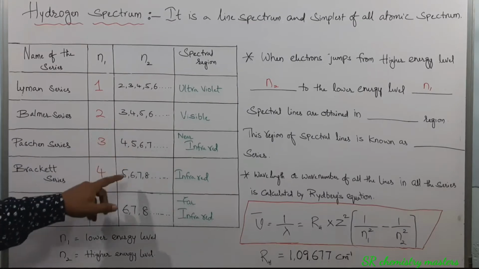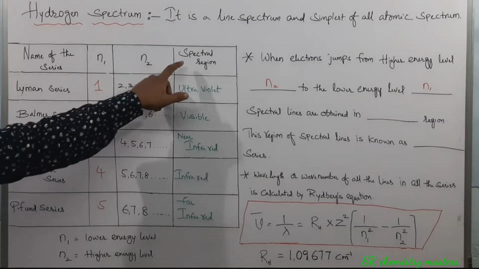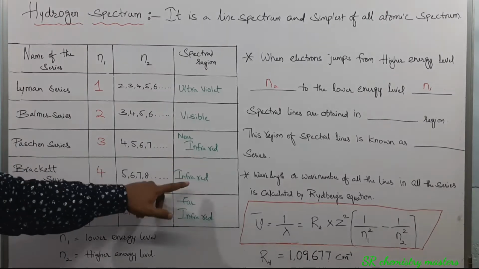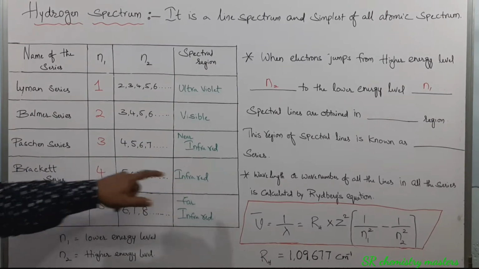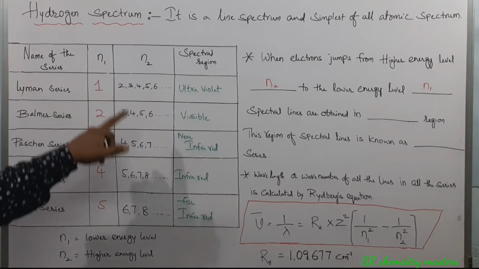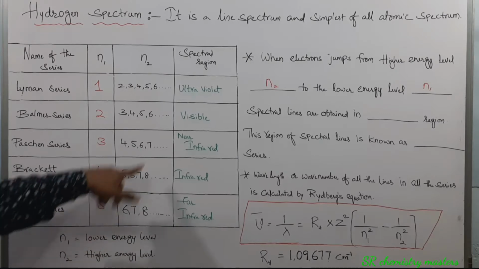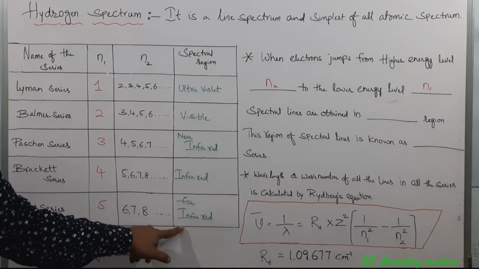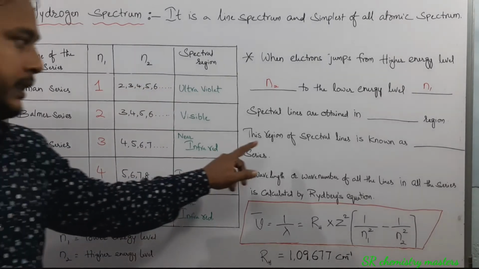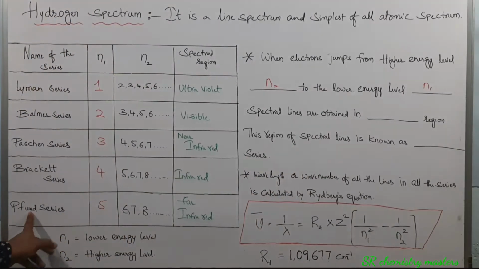When N2 values are 5, 6, 7, 8 and the N1 value is 4, the spectral region is infrared. This region of spectral lines is known as the Brackett series. Next to this, when the N2 values are 6, 7, 8 and the N1 value is 5, the spectral region is infrared, and this region of spectral lines is known as the Pfund series.